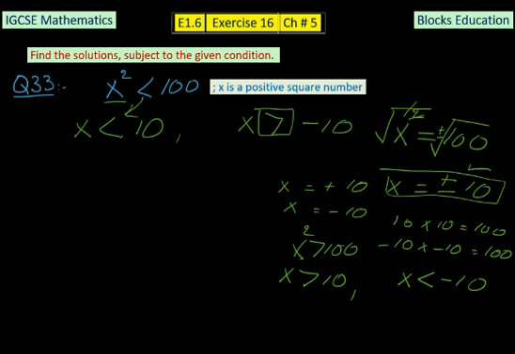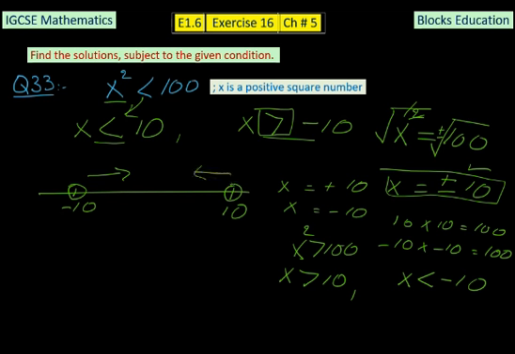If you want to combine these two, on a number line, minus 10, the smaller number, is on the left side, and plus 10, the bigger number, is on the right side, and these are not included. There is an open circle at minus 10 and plus 10. x greater than minus 10 means you move towards the right side of it. x less than 10 means you move towards the left side of 10.